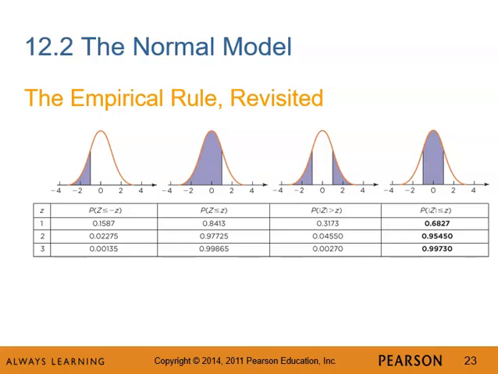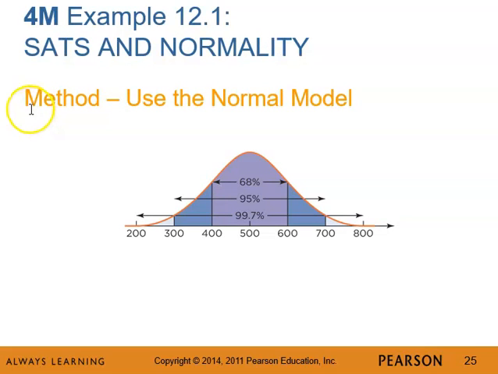Okay, so these next slides are going to remind you of the empirical rule that we talked about in the previous chapters. When I was teaching standard deviation, I explained the empirical rule, and I told you if you have normally distributed data, then one standard deviation from the mean covers 68%.